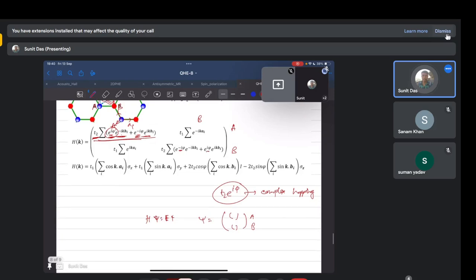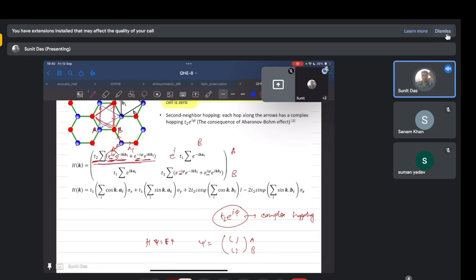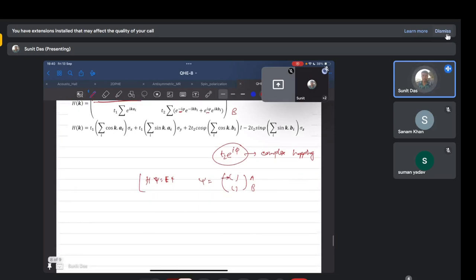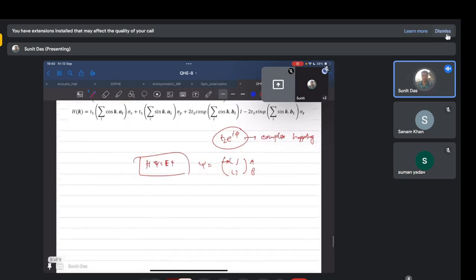Now here, if you add some phase, e to the power i phi 1, you can actually transfer it to this element, right? So you had H psi, which was simply, let me just write it, A B. Now you write H prime psi prime equal to E psi prime, and psi prime you just define by taking an extra phase of i phi 1 on A and just B. So you just take some extra phase which was there in some sublattice.